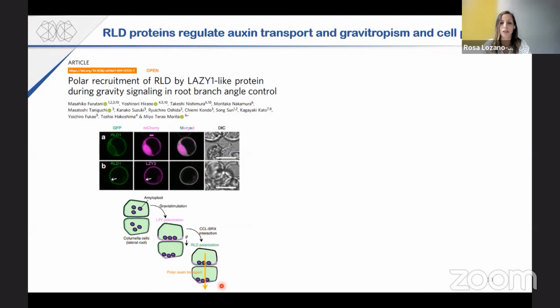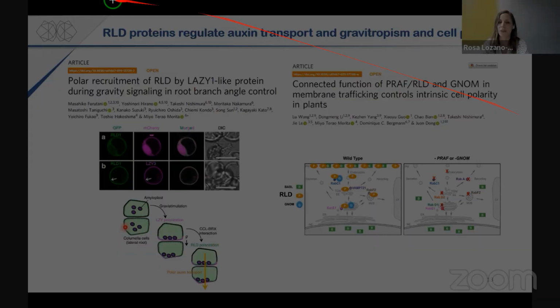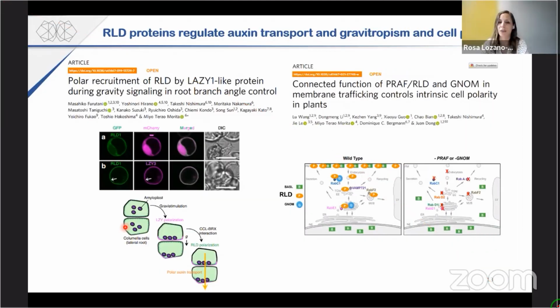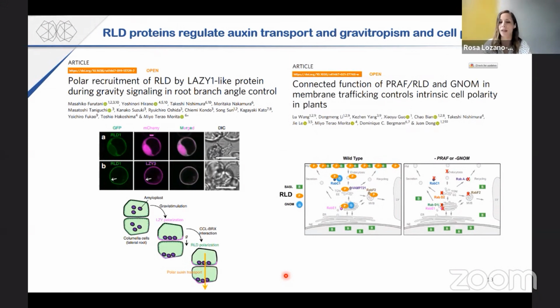This leads to polar auxin transport and ultimately normal gravitropic responses upon gravity stimulation. Earlier this year, there was a second paper on the function of the RLD proteins, where Wang et al. described that the RLDs are actually regulators of endomembrane trafficking and therefore general cell polarity. And therefore, this expands the function of the RLD proteins beyond gravitropic responses.